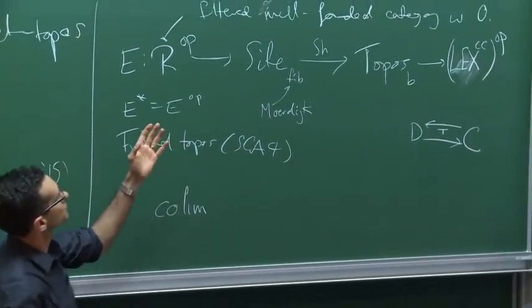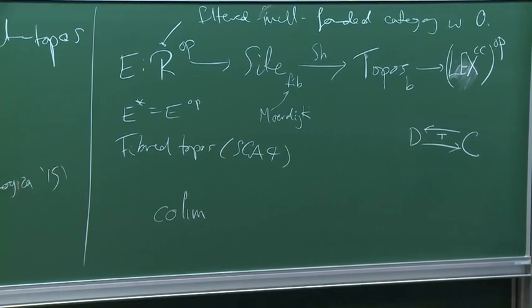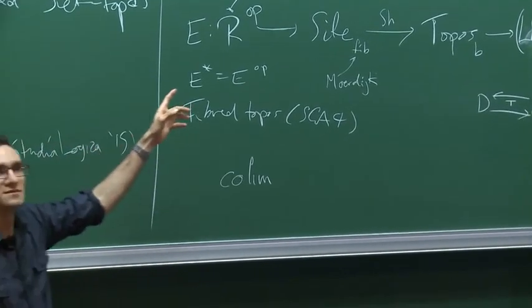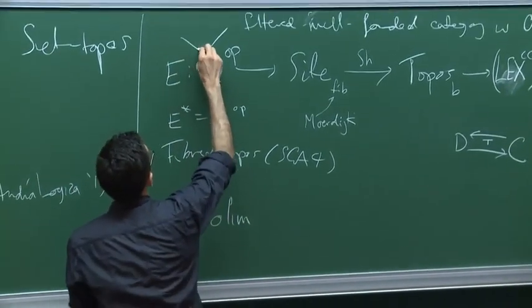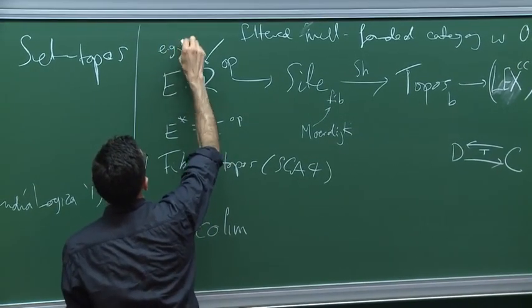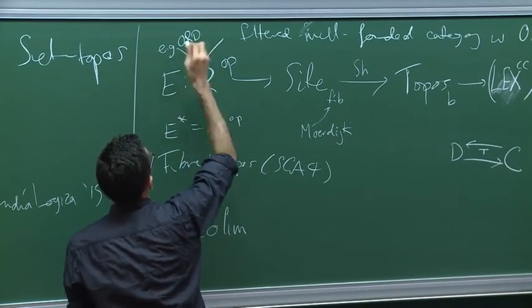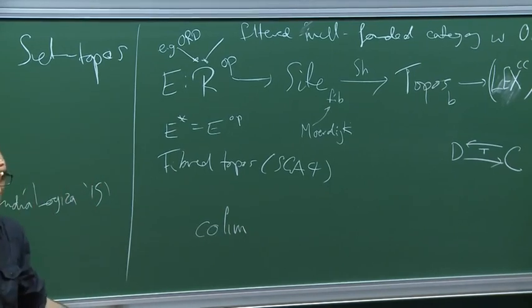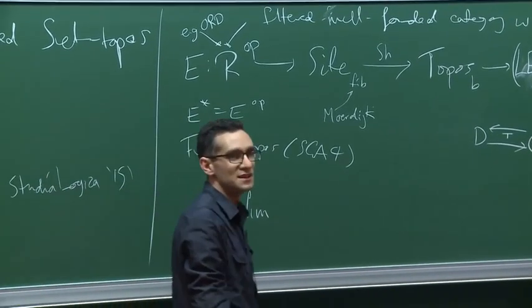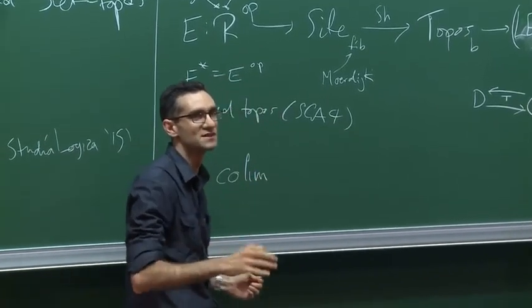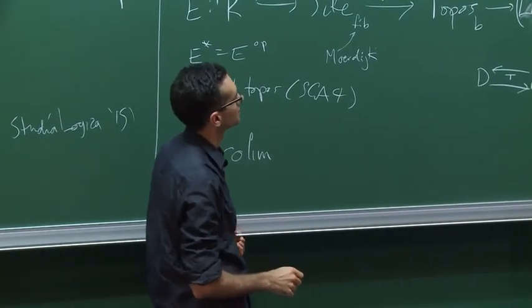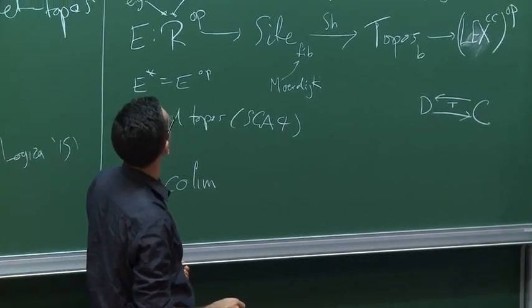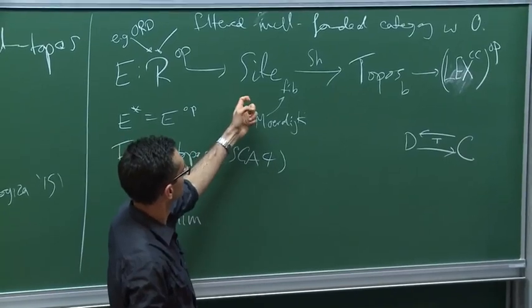R is a filtered, well-founded category, think of it as the ordinals, with an initial object, not a zero object. Then you have a map from this to sites with fibrations as morphisms.